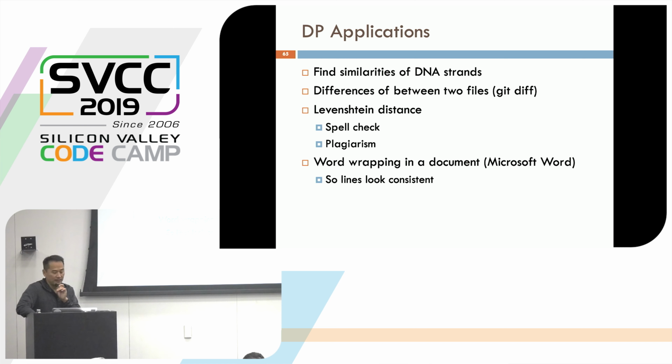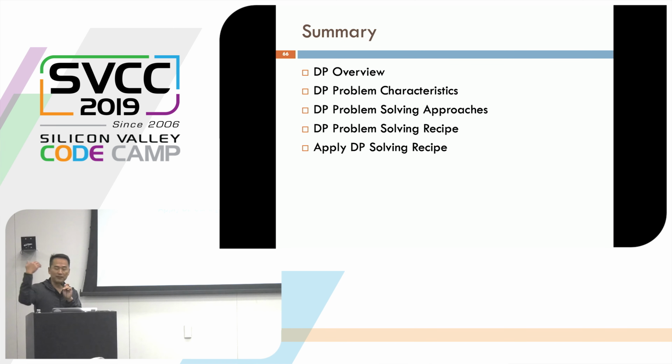Some of them are listed here. So in summary, we went through the overview. We learned about the characteristics of DP problems. We talked about different approaches, top down and bottom up. We talked about a recipe: coming up with a top down approach, then applying memoization to it to reduce the runtime. And then we went through four or five problems. So thank you for attending this session.